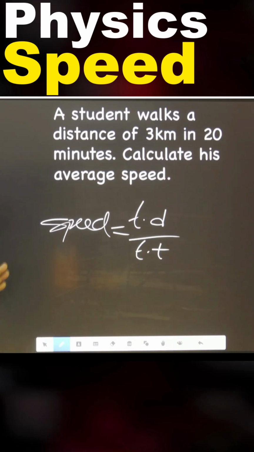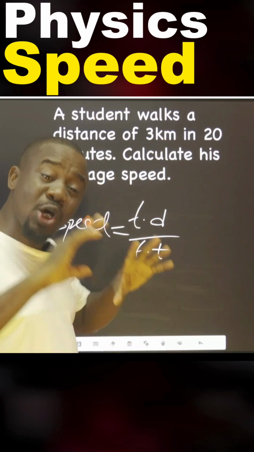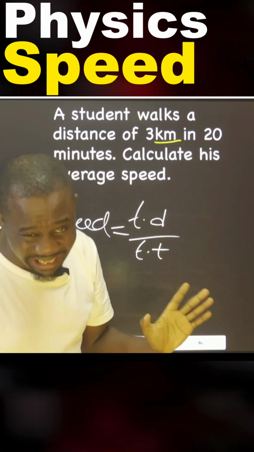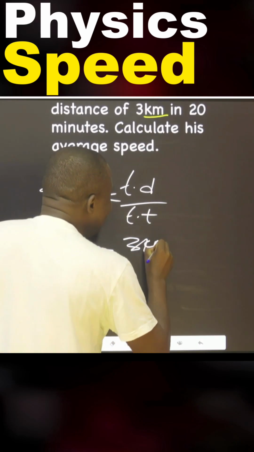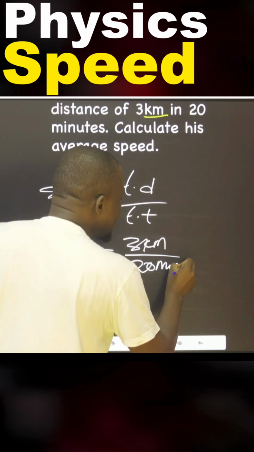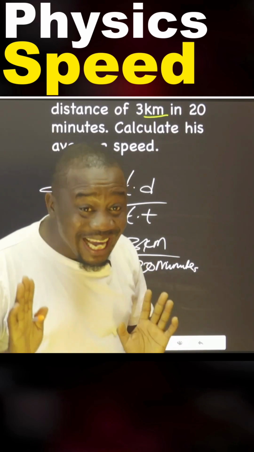Now, whenever you are given a question like this, don't do away with the unit. Put the unit. Say equals 3 kilometers over 20 minutes. You must do it like that.